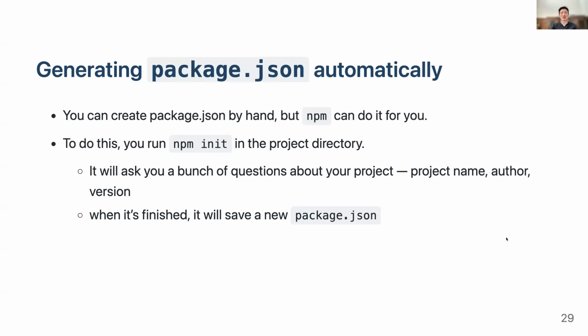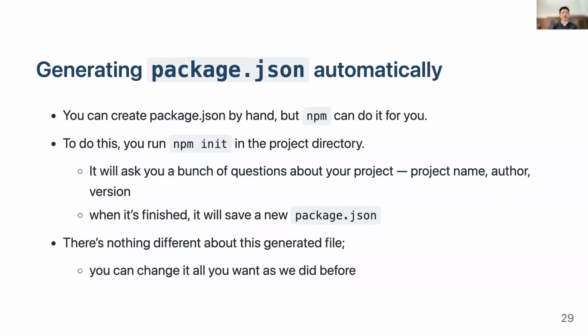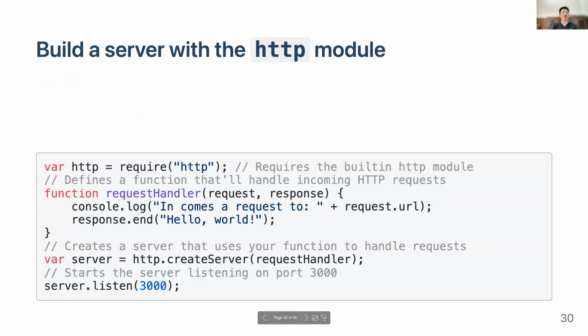For example, it will ask what the project name is, what the author is, and all these are optional. If you enter something, it will be included in the package.json. There's no difference between the files created this way and the one you manually created, say in a text editor. They are both just JSON files with the same information.